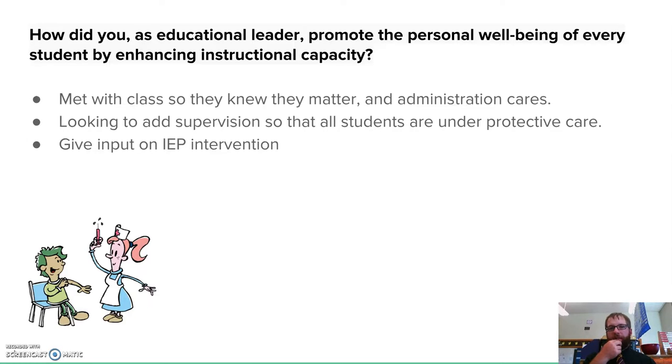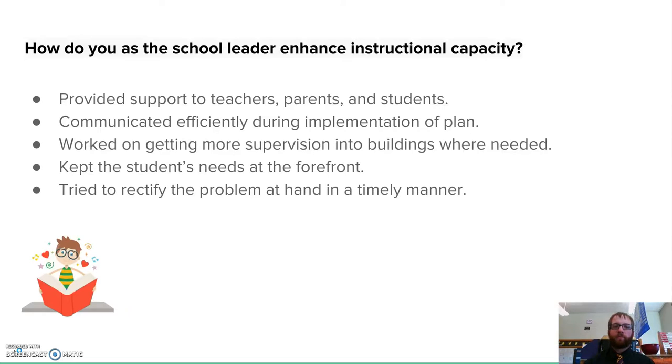And then also showing my involvement as a building administrator by sitting in and giving input on IEP matters and the new intervention plan.